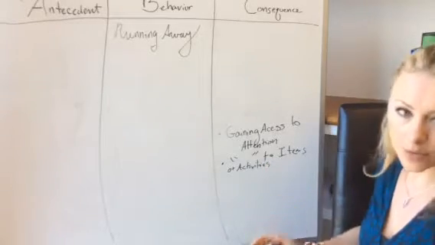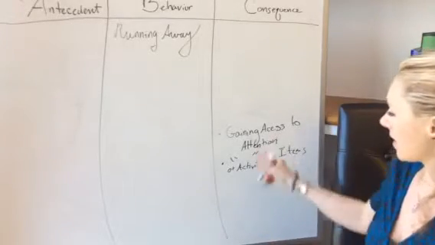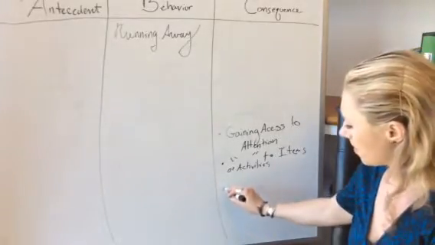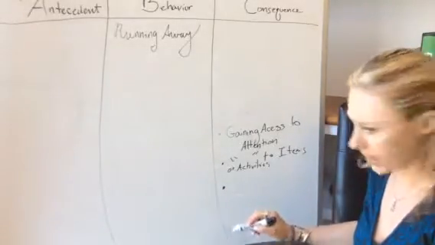These are what we would call tangibles, okay? So gaining access to attention, gaining access to items or activities. The third is escape or avoidance.